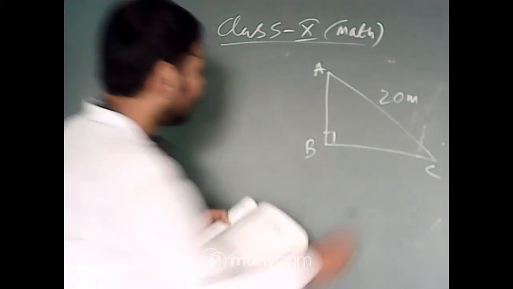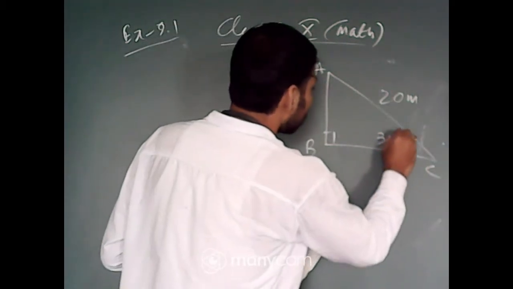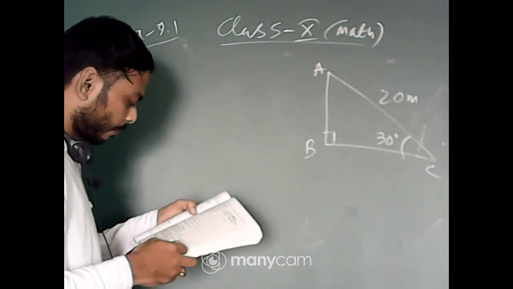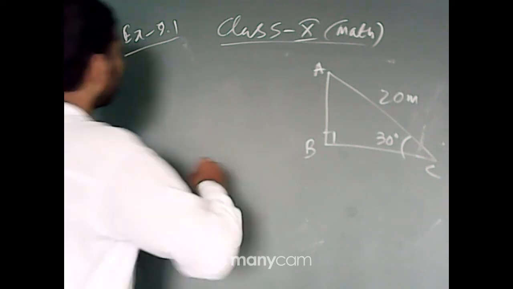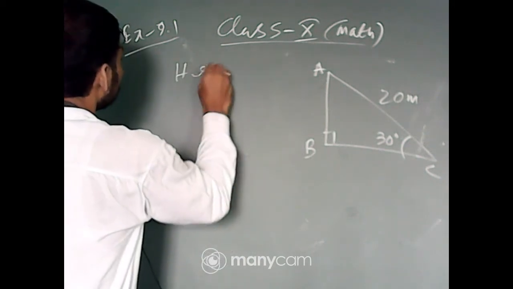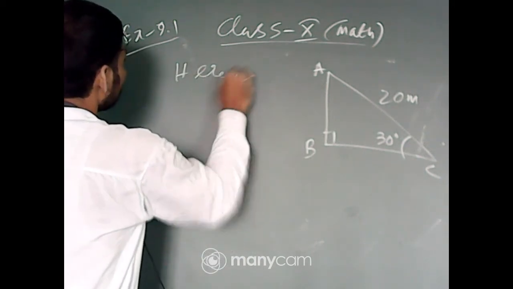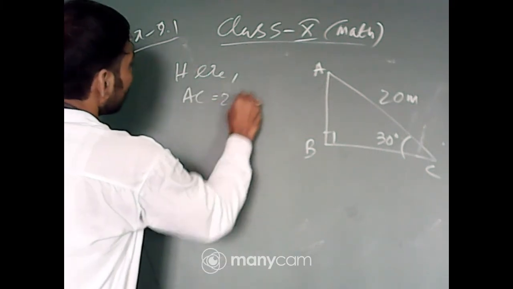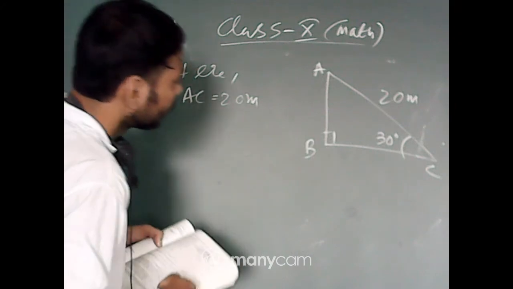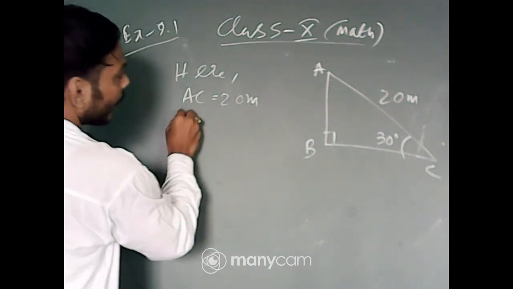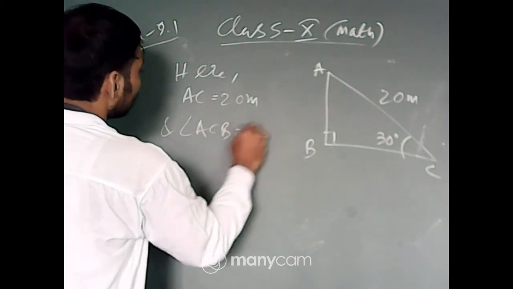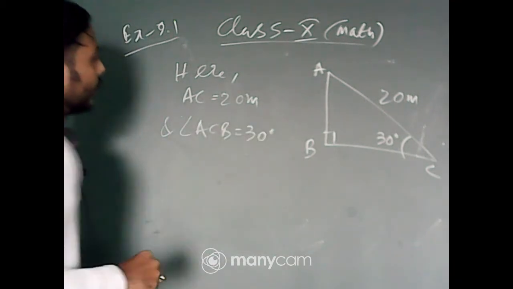So the angle with the base is 30 degrees. First of all, write the givens here. AC equals 20 meters and angle ACB equals 30 degrees.